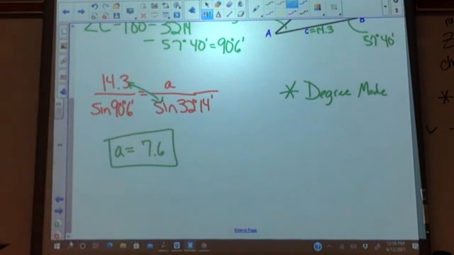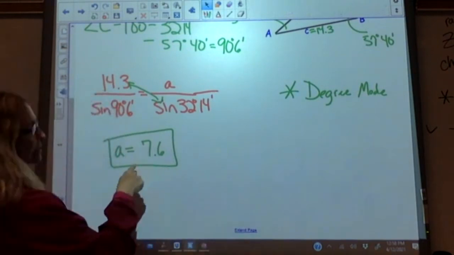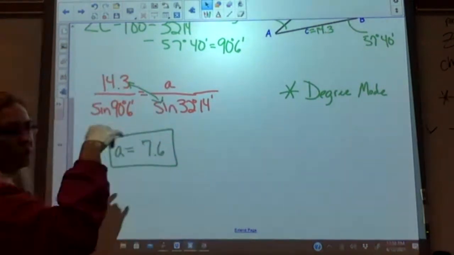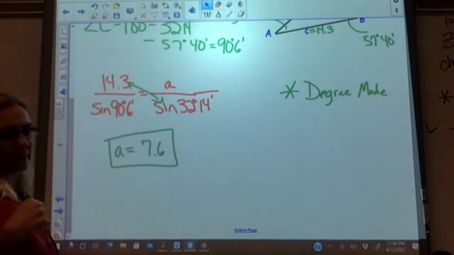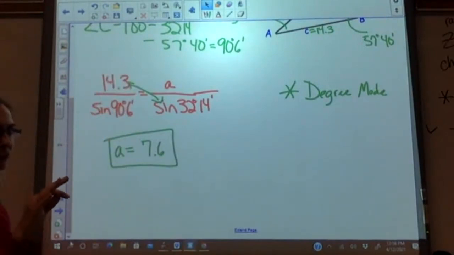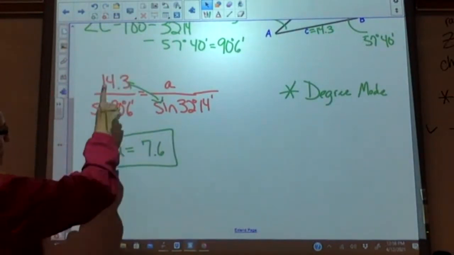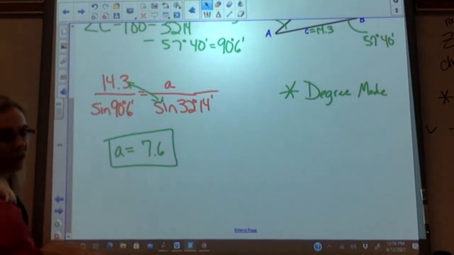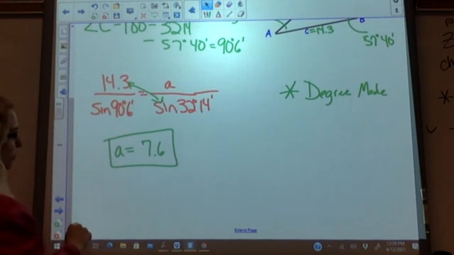That would be the measure of side a. We could use 7.6 over sine of 32 degrees, 14 minutes to find b, but it's always better to use what you're given. Since they gave us 14.3, and 7.6 is a rounded value, it's safer to stick with what you were given to start with.